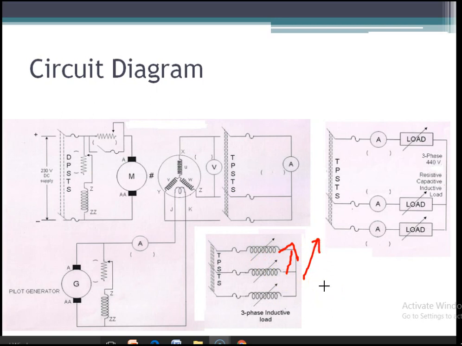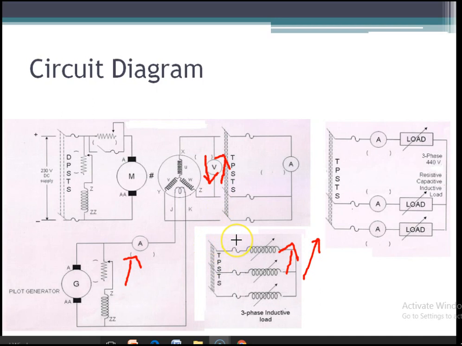For each and every load you see that there will be a reduction in the voltage. So what you have to do is increase the voltage so it is brought back to its original value. Increase the resistance of the pilot generator, increase the field excitation such that it is brought back to its original value.